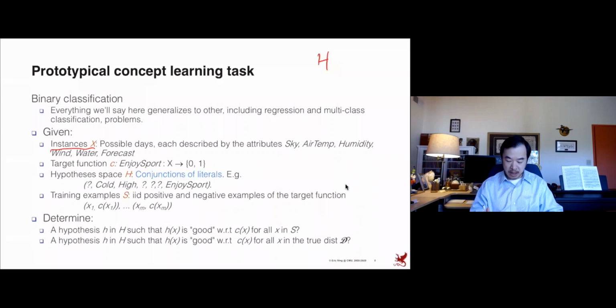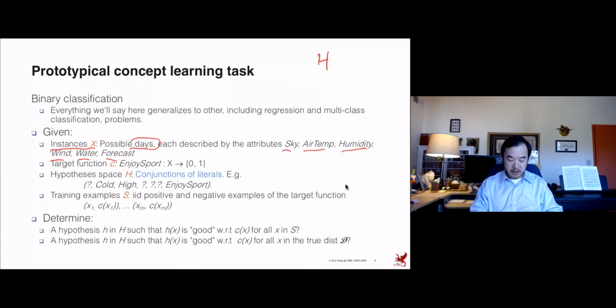Say here I have 6 features to describe, say, the possible days. Say the sky being cloudy or sun, and the air temperature, humidity, wind, water, and forecast. So let's say we have the 6-dimensional feature for a day.